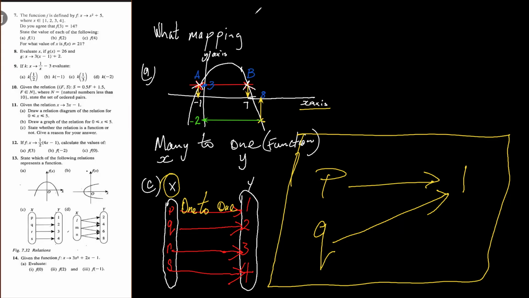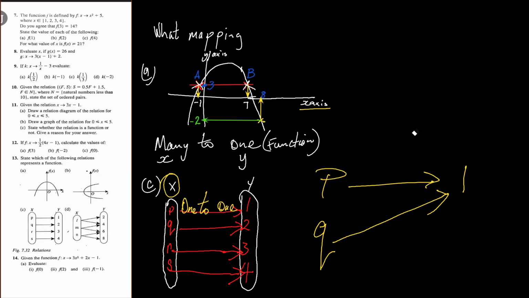So many to one is when I believe the X side is the domain, right? Yeah, the left side is the domain or X values. So when more than one X value is going across to the Y value, sir. Right, correct. So when more than one is going across, that's many to 1, and it's a function.